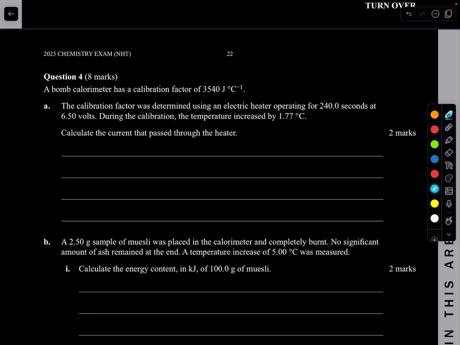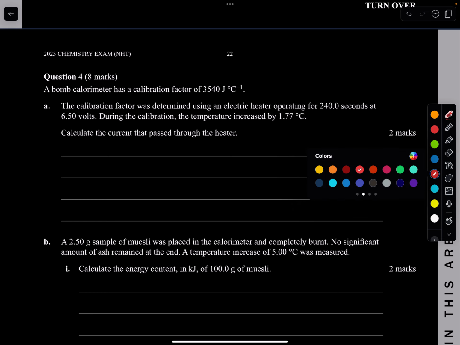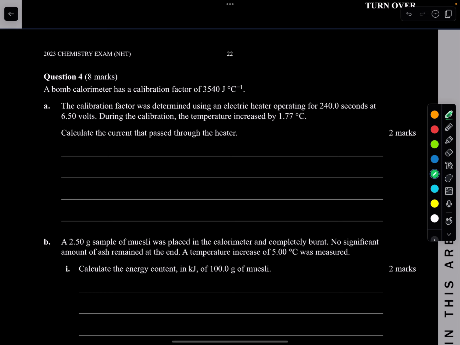Question 4. Let's have a try at this. This is a nicer color. Let's use this color here. A bomb calorimeter has a calibration factor of this. The calibration factor was determined by using an electrical heater operating for 240 seconds at 6.5 volts. During the calibration, the temperature increased by 1.77 degrees. Calculate the current that passed through the heater. Easy. The calibration formula is voltage times current times time over change in temperature.